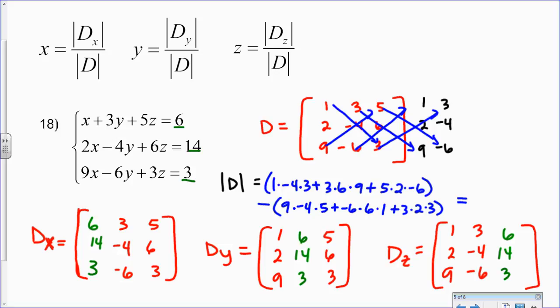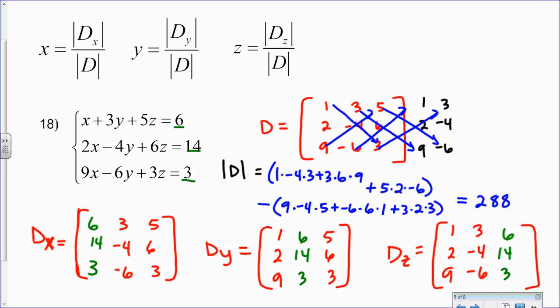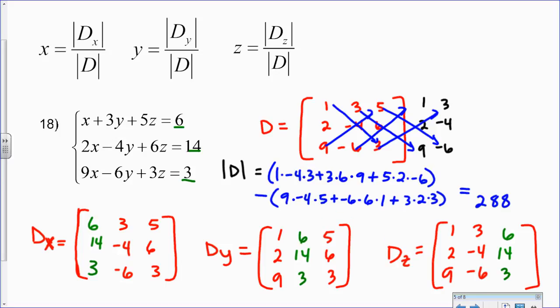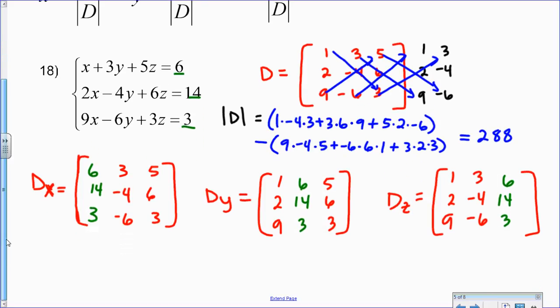Okay, so you should get 288 for that determinant. All right, so let's find the other 3 using the calculator.